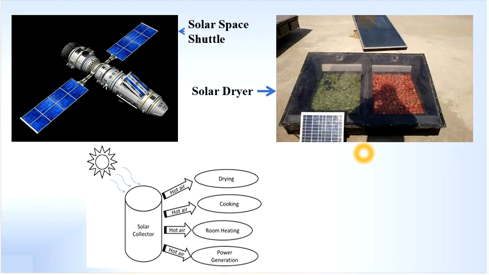Further, we can have solar applications in the solar shuttle in space, and solar dryers. We can even use hot air for different applications like drying, cooking, room heating, and even directly for power generation, the indirect way of generating power with solar cells.